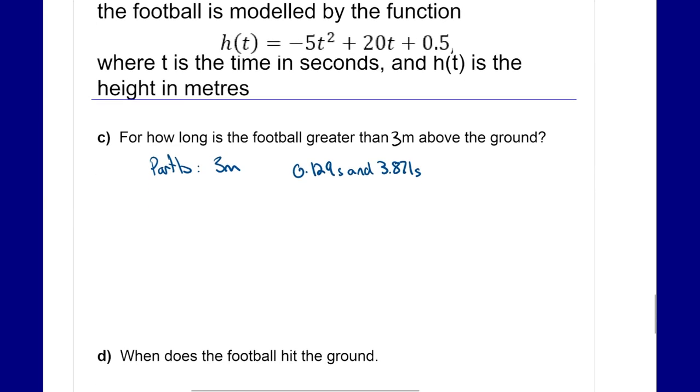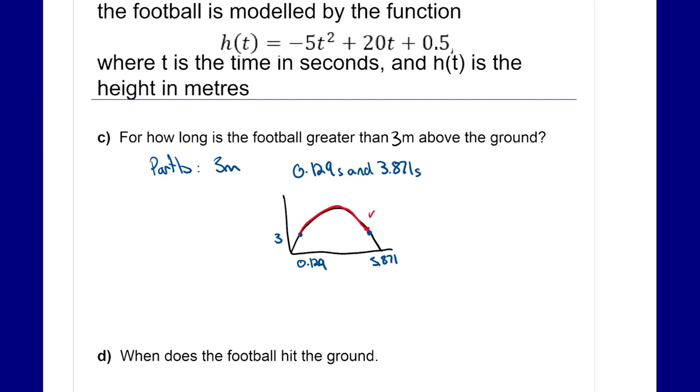So again, similar to the last example, if I look at my graph, the football gets kicked and is 3 meters above the ground at two different points: 0.129 and 3.871.